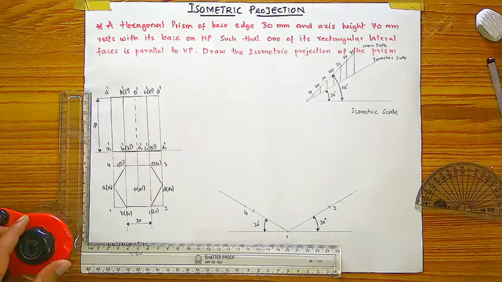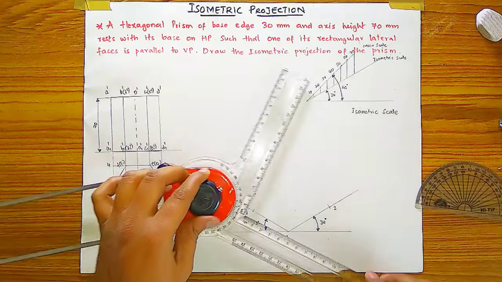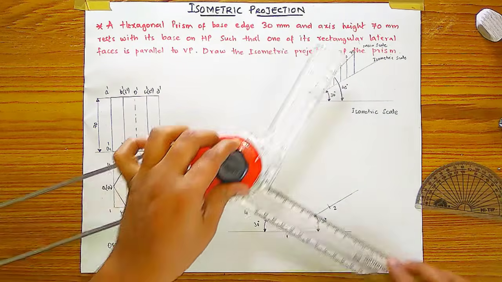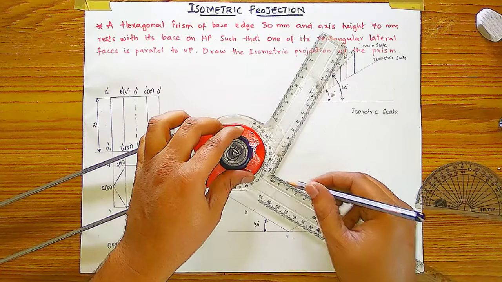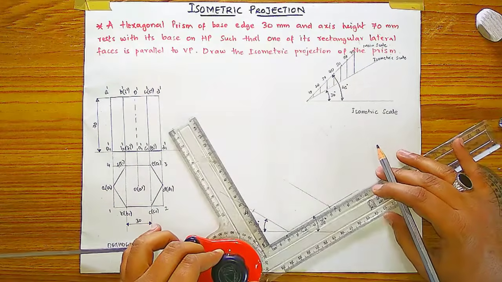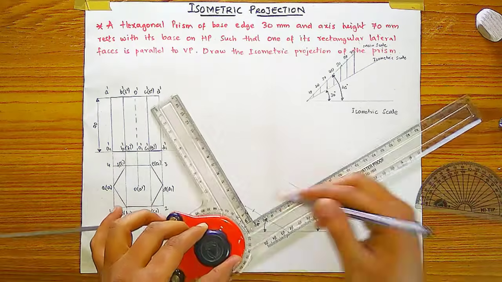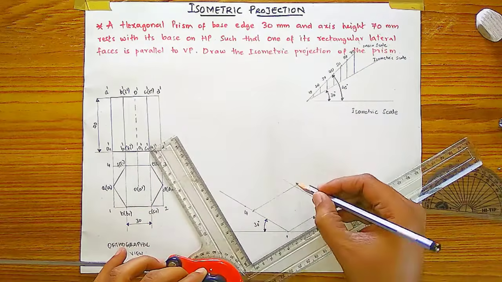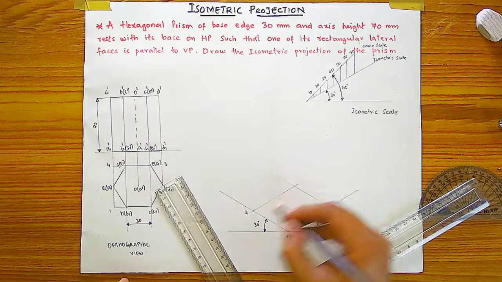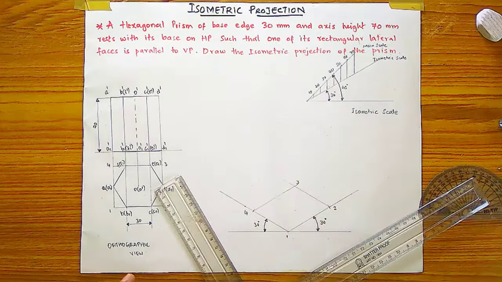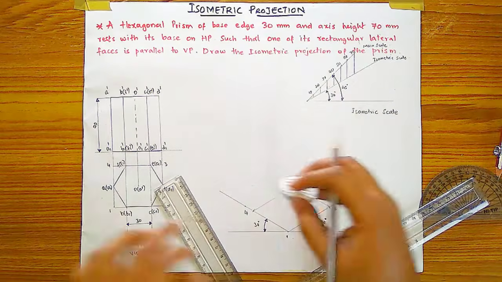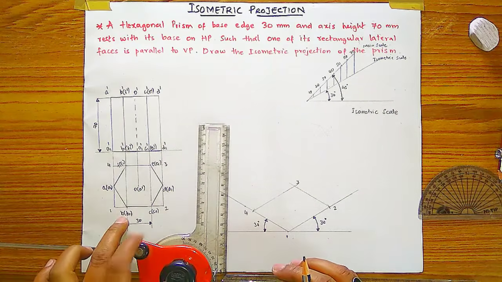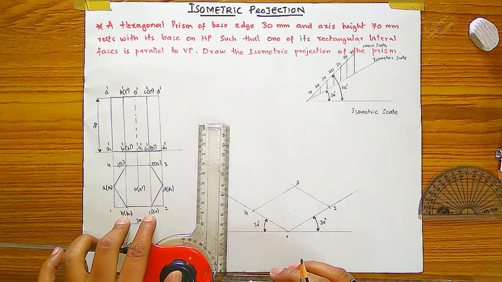Then I have to create a rhombus according to this angle. From here I will adjust my mini drafter, and from another point I have to draw a line like this, adjusting this angle line, and the point where these two lines meet is 1, 2, 3, 4. I have created the rhombus according to that square. Then on 1 and 2 we have the B and C points.